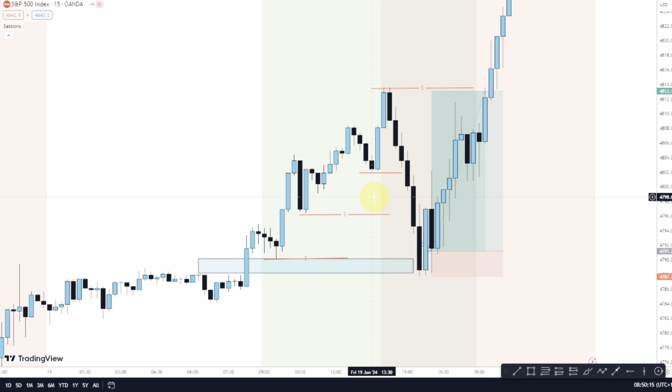You need to wait for price to sweep out London or Asian session liquidity. The maroon area is the London session time, and the red side is the New York session.